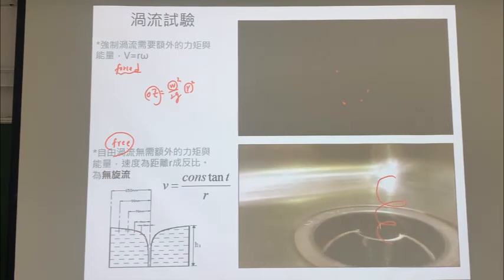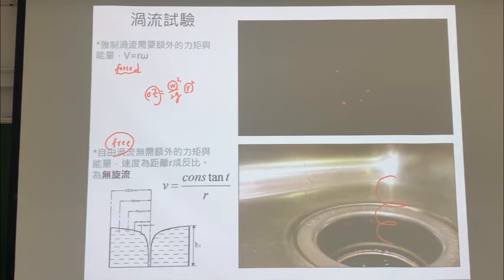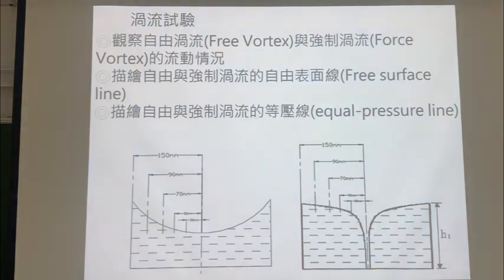There is no external force. Okay, and then you see the curvature of the liquid surface is different compared to the forced test. Okay, so in this experiment next semester, you just plot the curvatures with different omega, right? And you need to plot different curvatures, and you fill different water heights, and you have different curvature lines based on the different water heights.